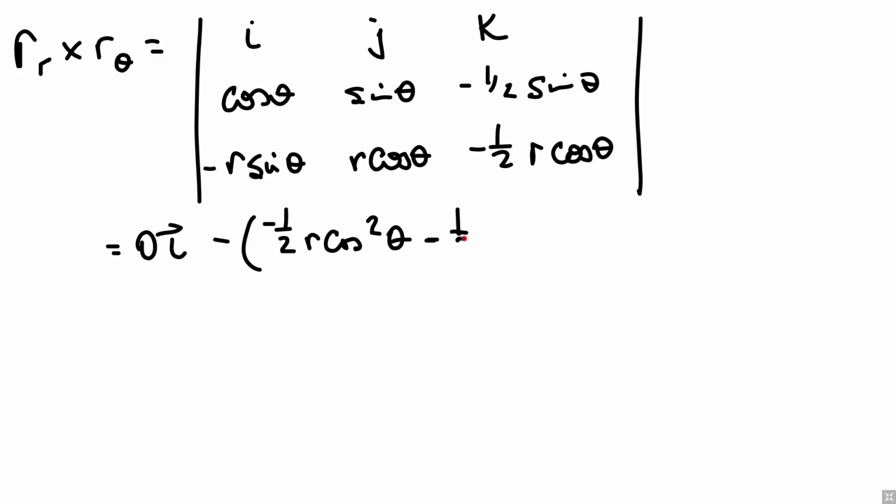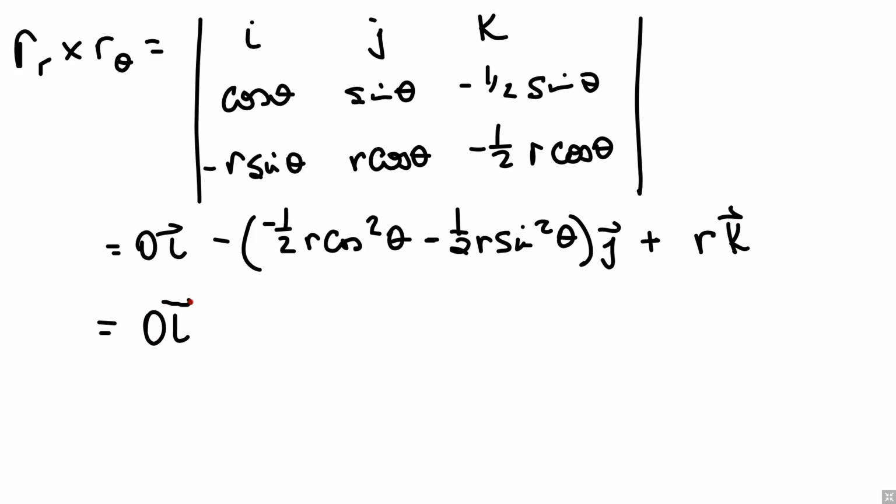Actually, it's going to be minus 1/2 r sine squared theta, and that's in the j direction, plus the k. It's going to end up being just r in the k direction. So really what we have is 0 in the i, plus 1/2 r in the j plus r in the k.